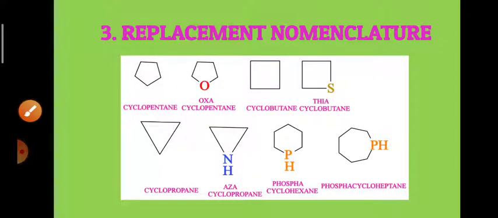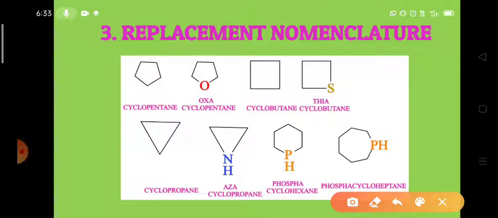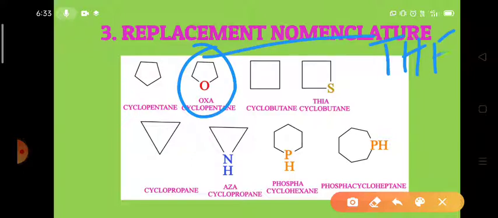And here perhydrofuran is considered as the product of cyclopentane. This is known as tetrahydrofuran, commonly known as THF. It is considered as the product of cyclopentane. So that's why we give the name oxacyclopentane.